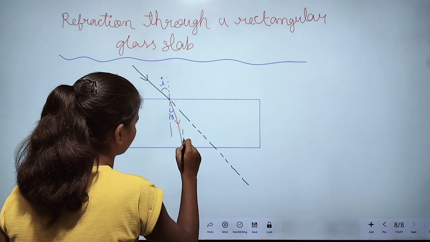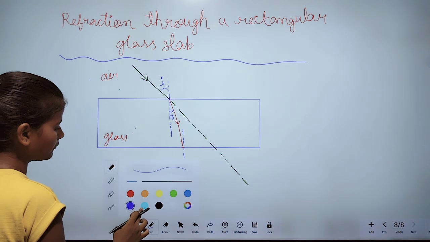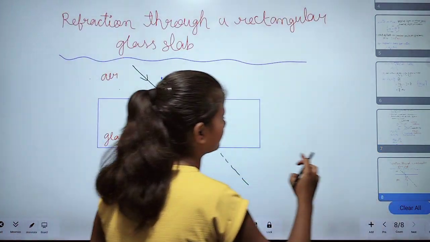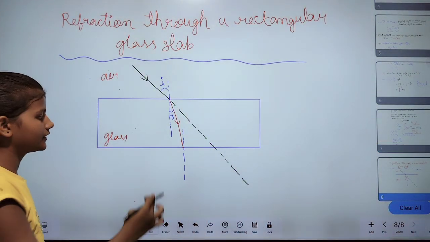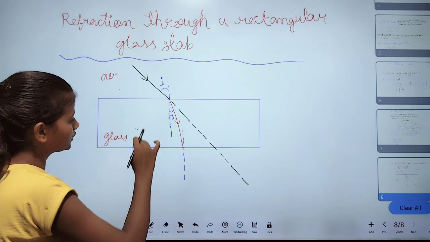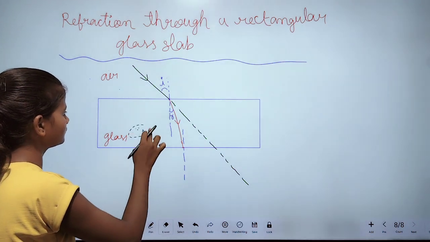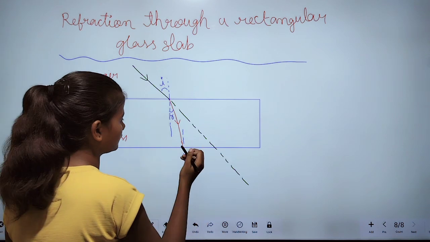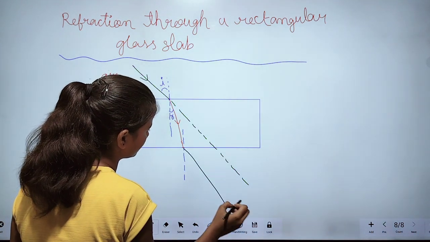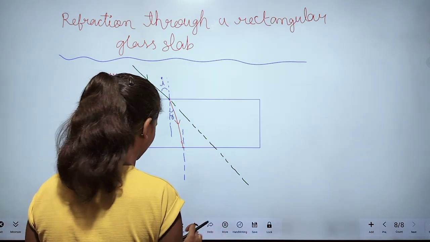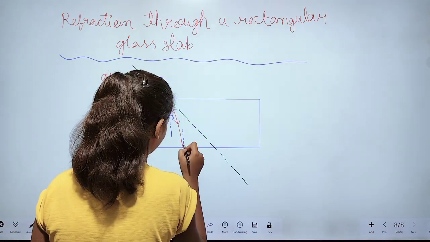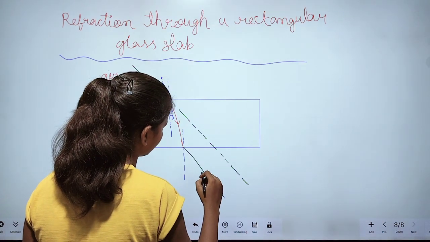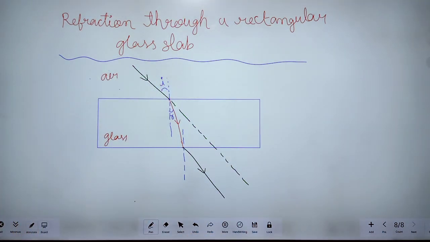We have already seen that when the light ray goes from denser to rarer, the light ray bends away from the normal, like this.